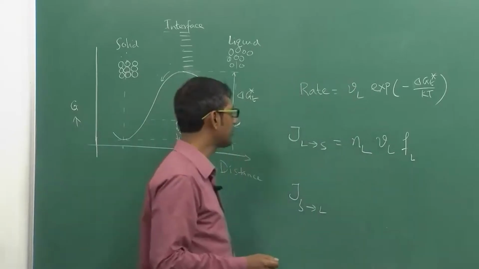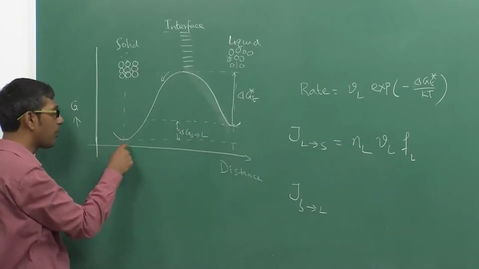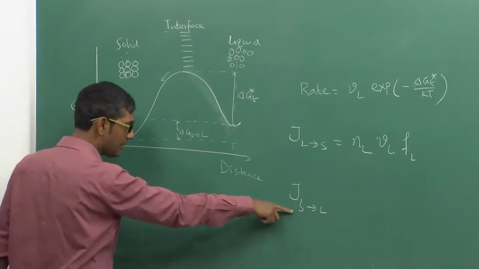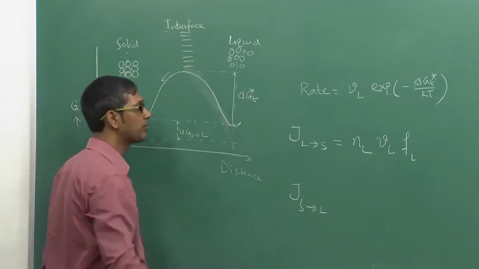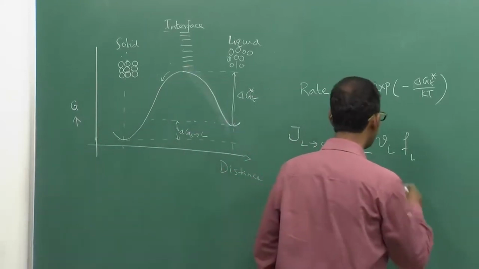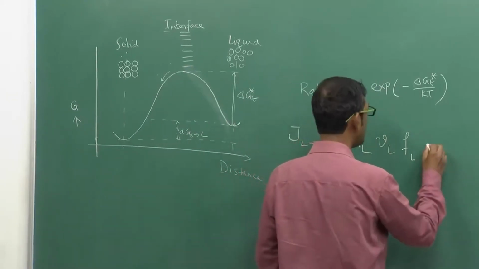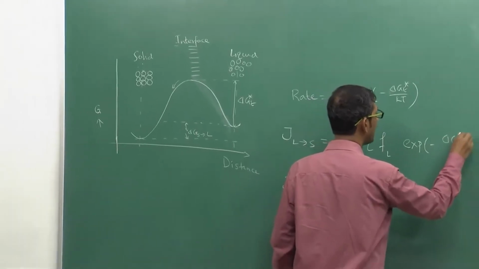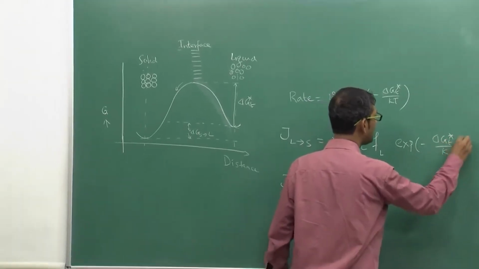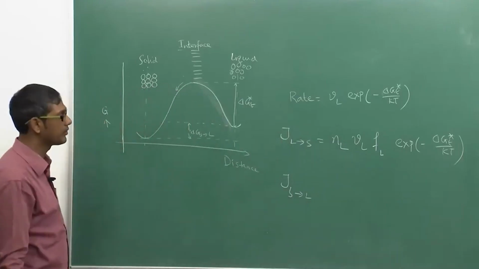So there are two types of things. One is that an atom jumps, crosses the barrier, is in the solid, does not feel comfortable, and goes back. That's the reverse jump. The second one is that atoms try to jump but may not be able to cross this barrier. So the fraction of liquid atoms, NL, multiplied by this frequency into exponential minus delta G T star divided by KT, is the flux in the forward direction, that is from the liquid to the solid.